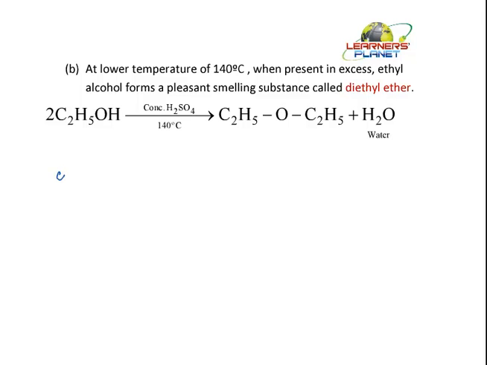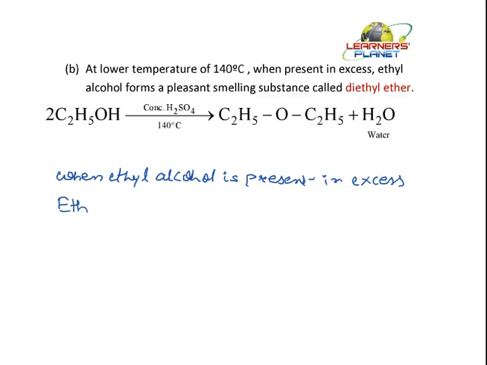That is, when ethyl alcohol is present in excess, what is the product formed? Ether. And at what temperature? 140 degree centigrade. So the product is ether, C2H5OC2H5. Its name is diethyl ether.